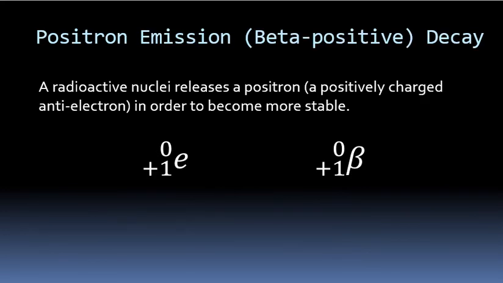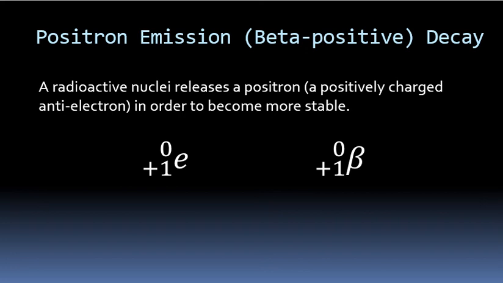Now, this another version of decay is similar to beta decay, where a high energy electron was released, but there are situations where you might release a high energy positron. A positron is simply an anti-electron. It has the same mass as an electron, but it is positively charged as opposed to negatively charged.